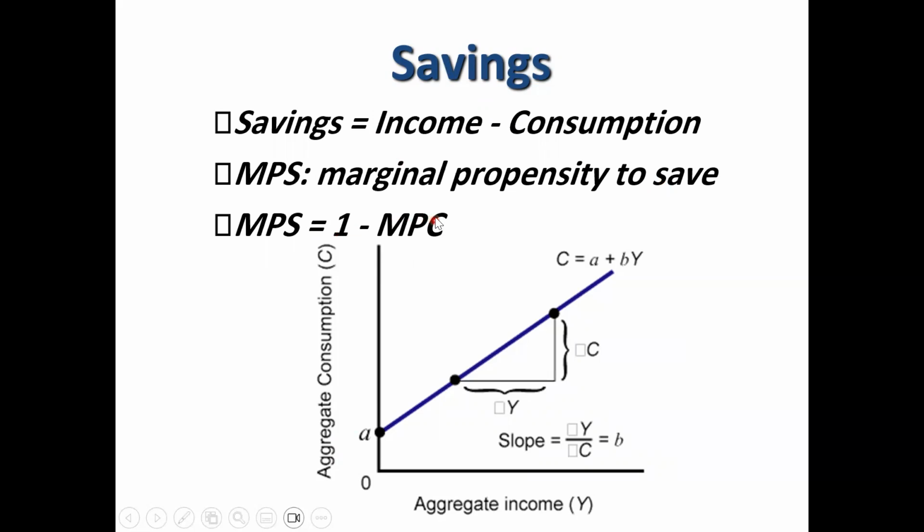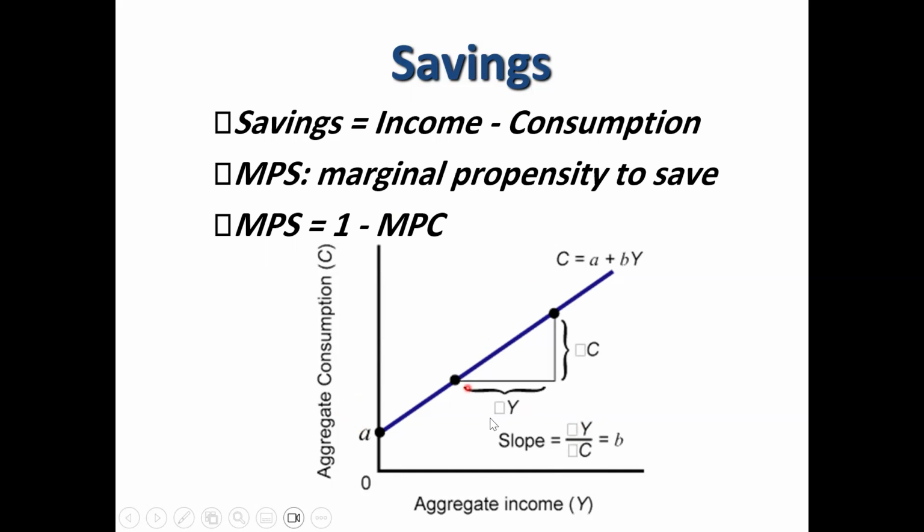As we see here, for the consumption function, the line is in the positive area. We start from a positive A, which is the autonomous consumption, and we know that we have a negative amount of saving at this point if we want to present the saving function.